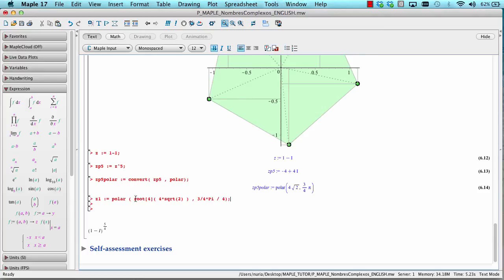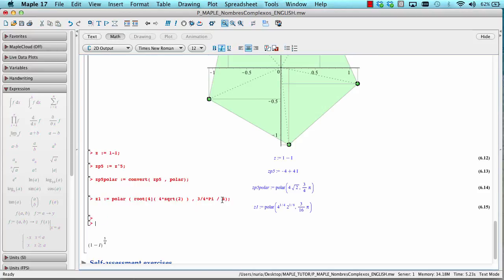So we take the fourth root of the initial magnitude and we divide the argument by 4. The second one, we copy this again. Same magnitude. And how many pieces of cake will we have now if we have fourth order roots? We'll have 4.